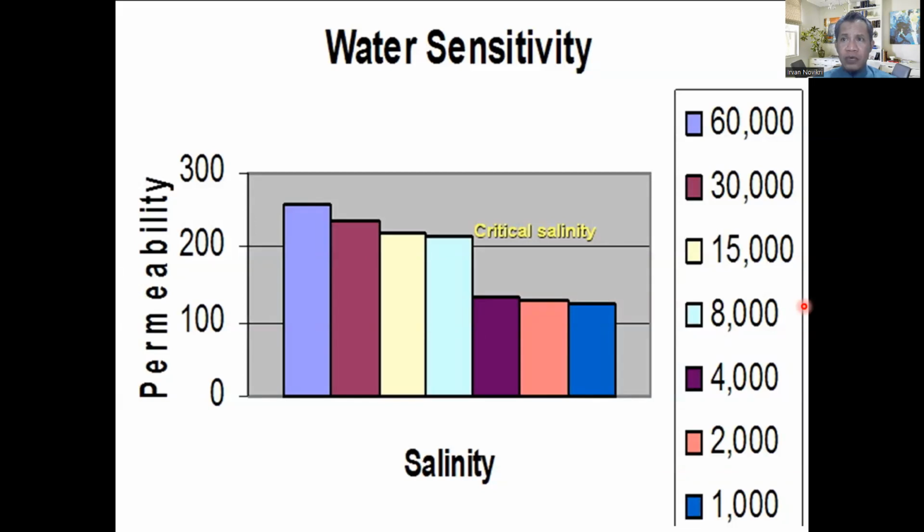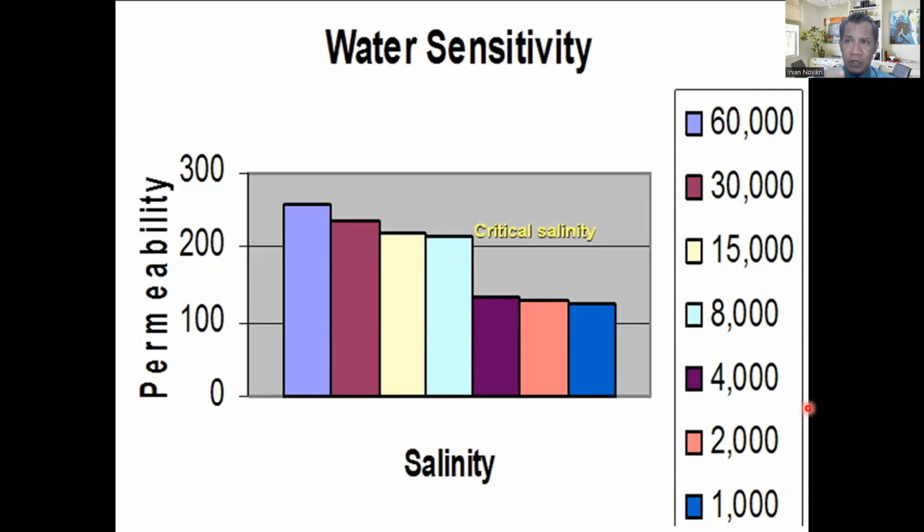Anyway, what we do is we get the plug and flow through several pore volumes of up to 60,000 ppm brine, measure the permeability, and then we step down: 30,000, 15,000, 8,000, and below that, around 4,000 ppm salinity, there's a large drop in permeability.